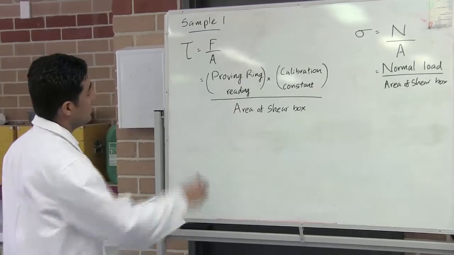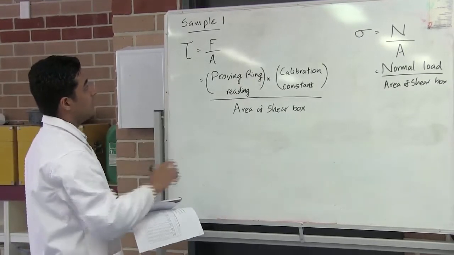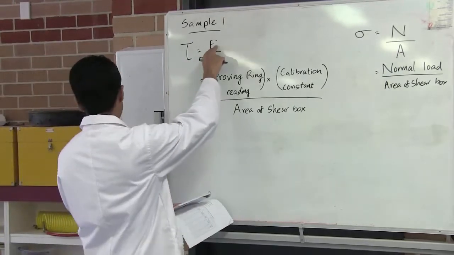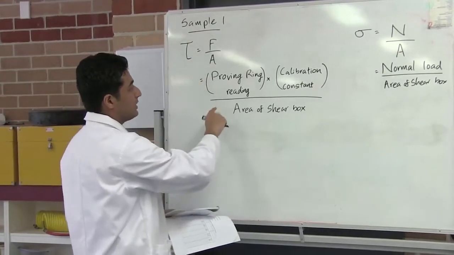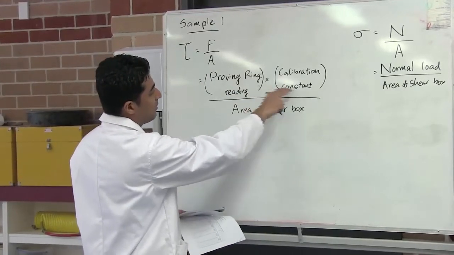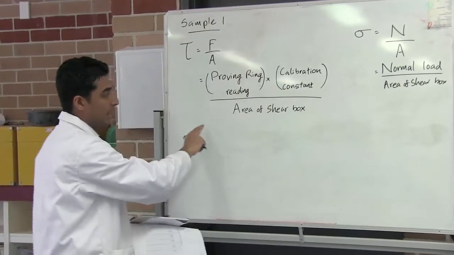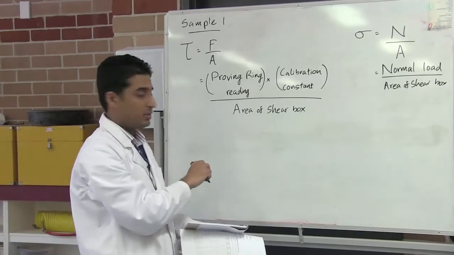So considering sample 1, the shear stress is the force applied by the proving ring divided by the area of the shear box. So that's proving ring reading multiplied by the calibration constant, and that divided by the area of the shear box.